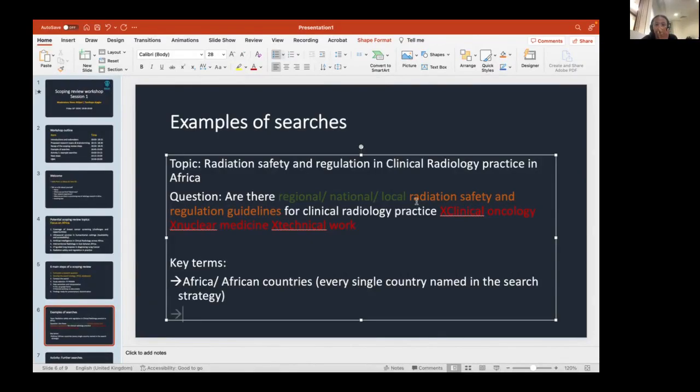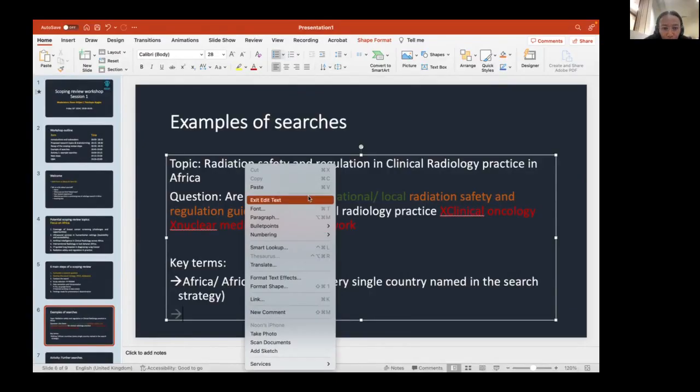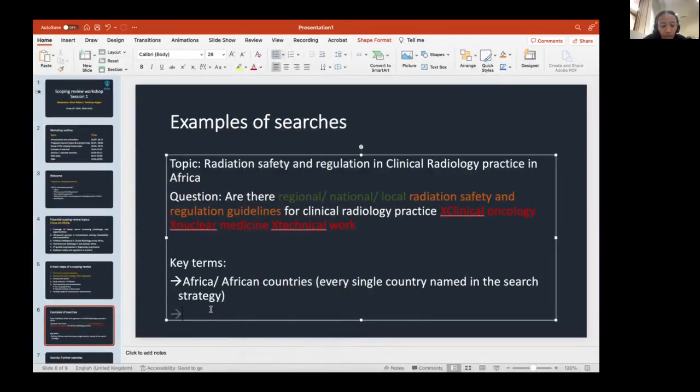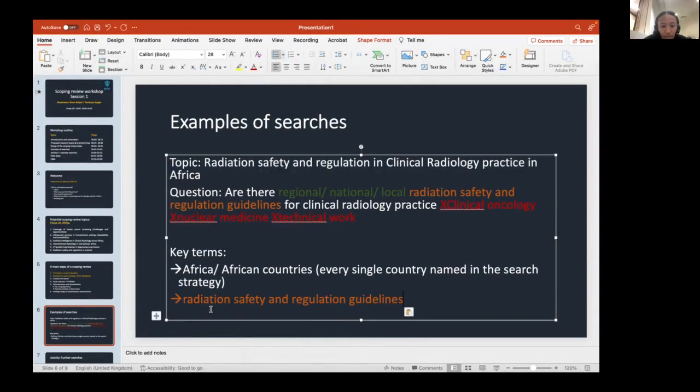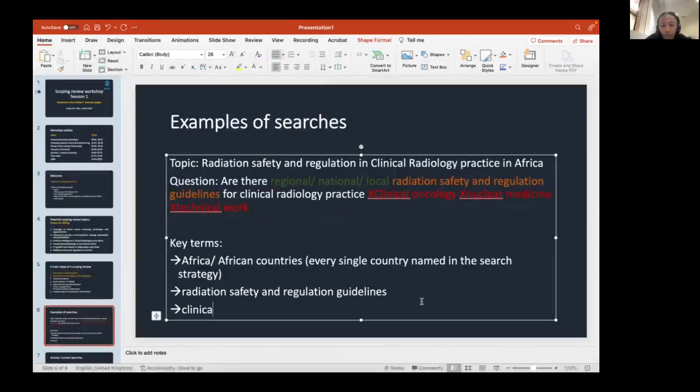The other thing is you would want to think about any potential way to denote radiation safety and regulation. And then the last thing you would want to consider is anything that could mean clinical radiology.